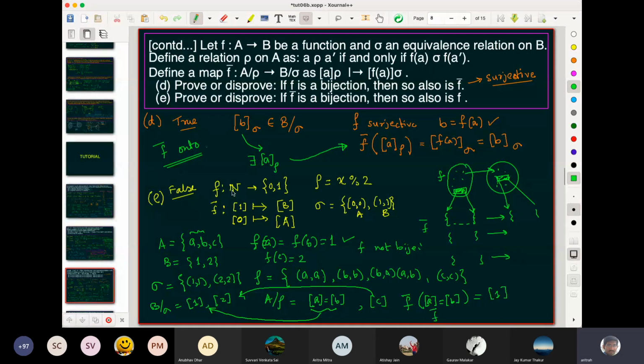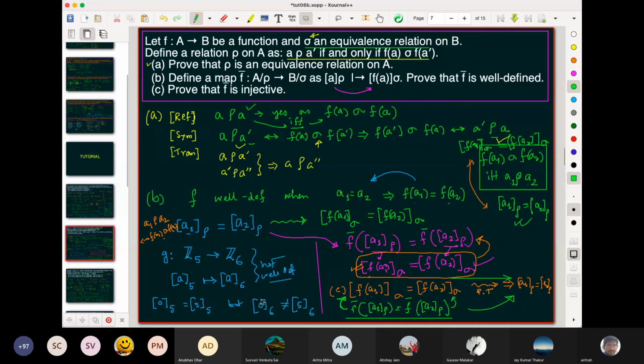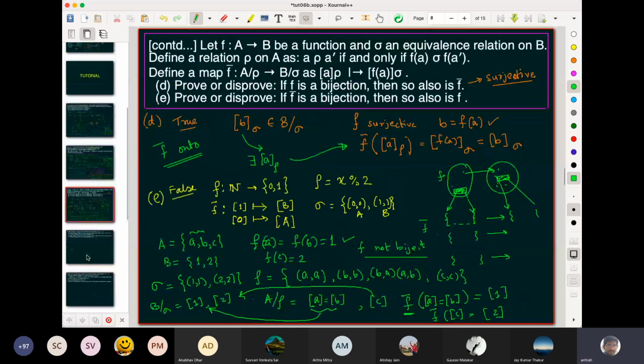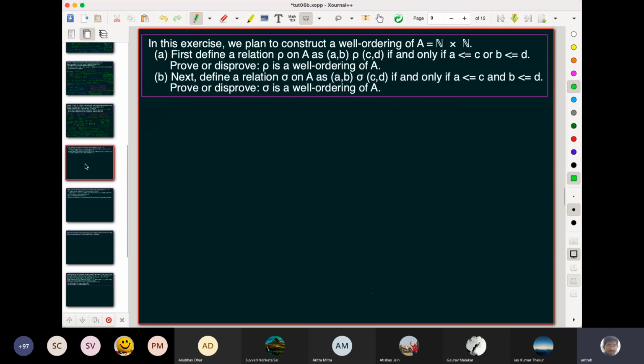The same thing your friend has done, with an infinite set, I gave a simple example. Right now, F bar is a bijective function, one-to-one, onto both, but I have shown that F is not bijective. Clear? Yes or no? Happy, everybody? Yes, sir. Okay.